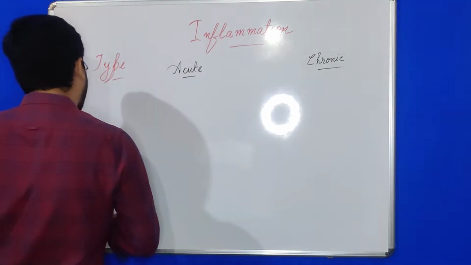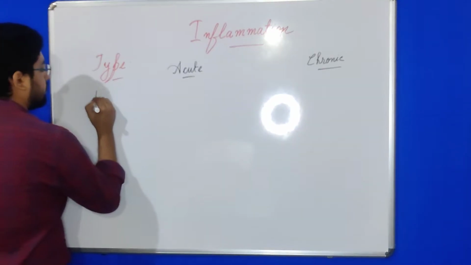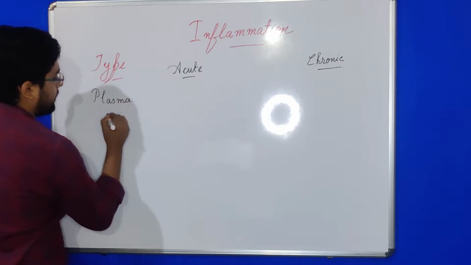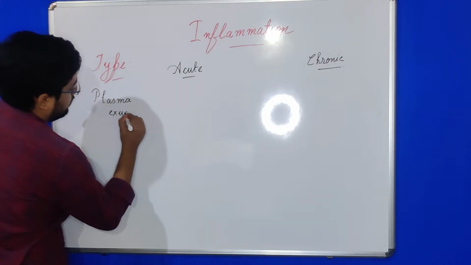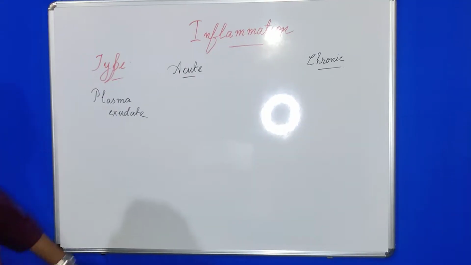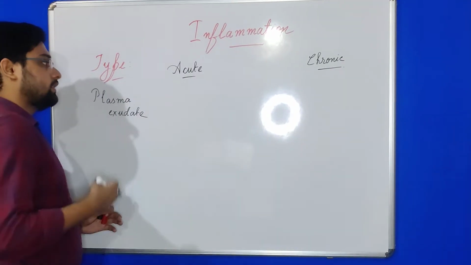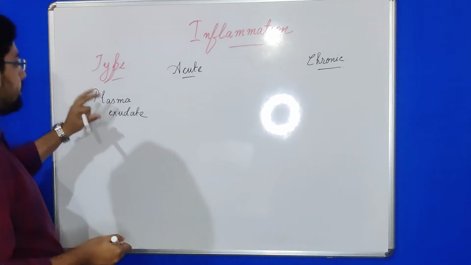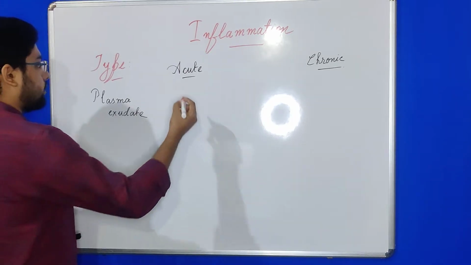Number 4, plasma exudate. I will discuss what plasma exudate is in the next part of the video. Now you only remember the point named plasma exudate in acute.